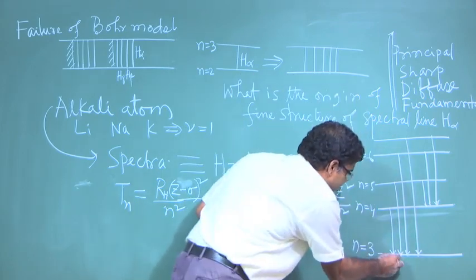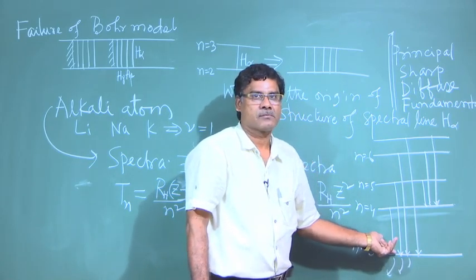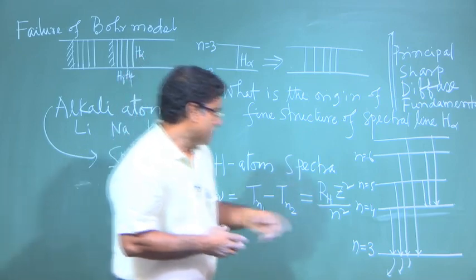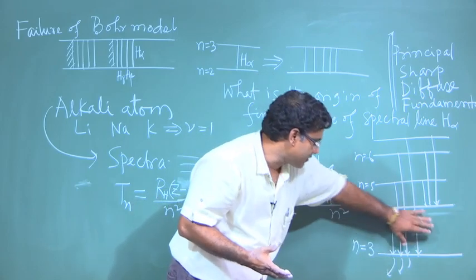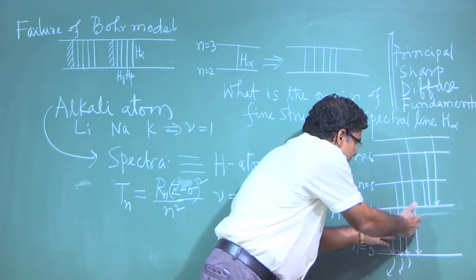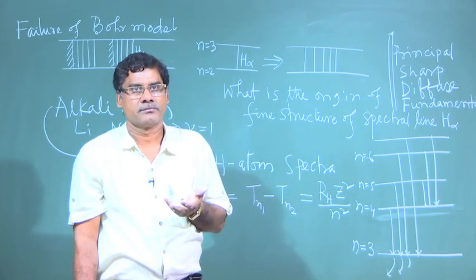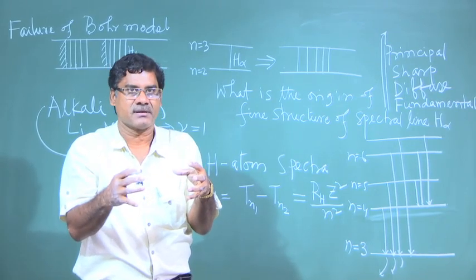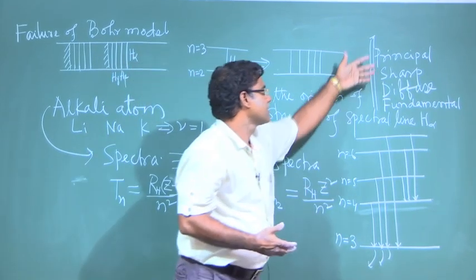Each line basically is not a single line, each line is composed of many lines, spectral lines. Okay. And they are arranged in such a way that they build up these 4 series.